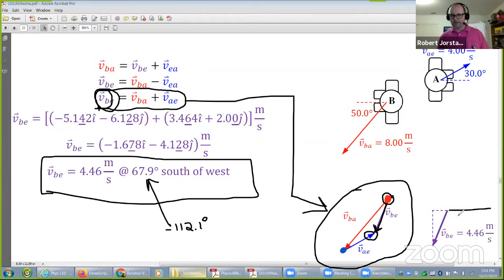Because it's going from here all the way to there. I don't want to trust my math in my head, so I'm going to do 180 minus 67.9, which is 112.1. So here's how you could analyze this one in your simulation. Any questions before I go to the simulation?